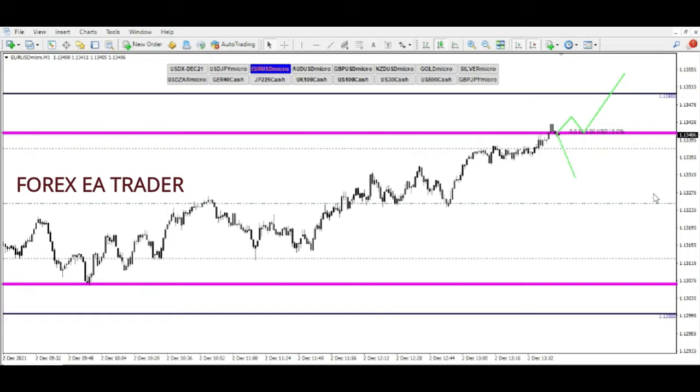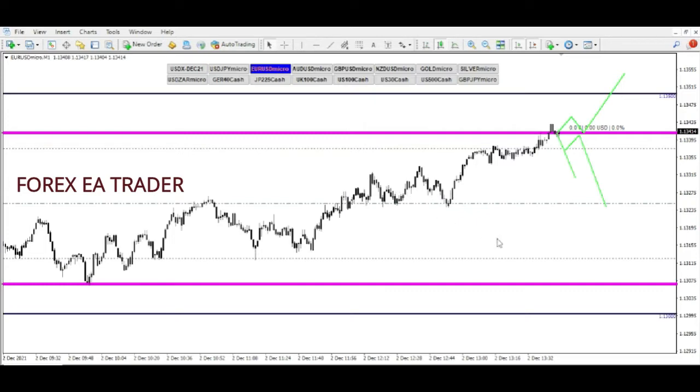Otherwise, if we are going to go down, we also look for confirmation that we are going down. You might get it going straight down, or you might get a bounce and we create something like an M formation there. So this is where your patterns work out, where you have your candlestick formations and stuff like that.